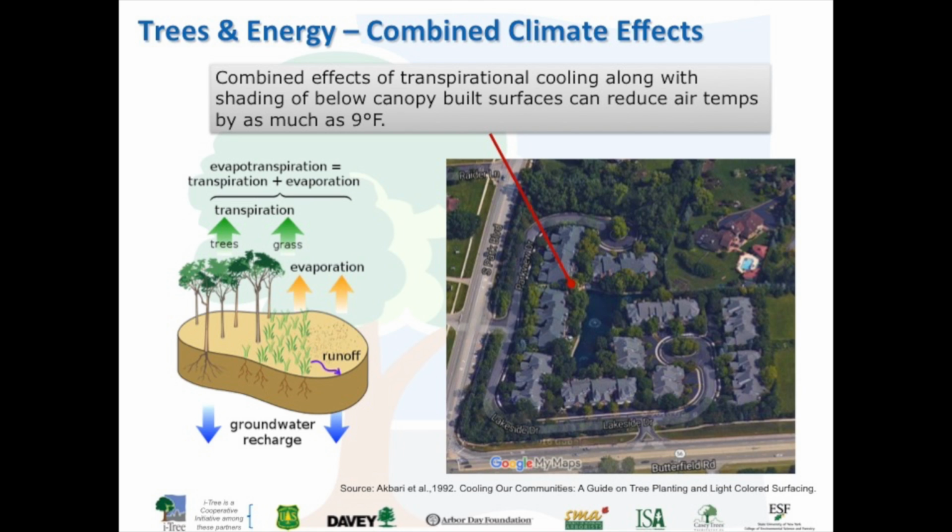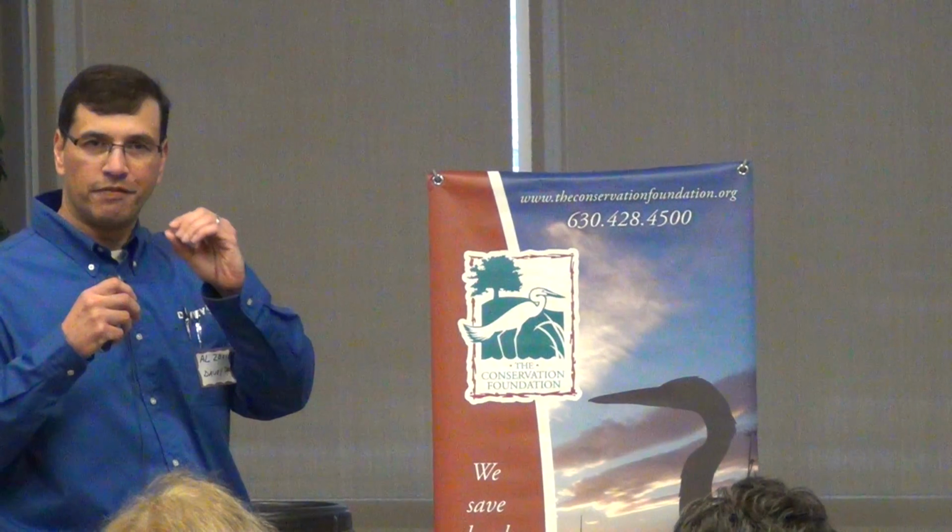That actually isn't of itself a great significant amount of temperature difference. It's usually a few degrees. But combined with the effects of trees shading the built surfaces, then that can be very significant. So that combined climate effect and ability to shade surfaces like roads and driveways and so forth could be pretty significant too. So local cooling is something that you'll see very significantly in some of your wooded areas in the summer.